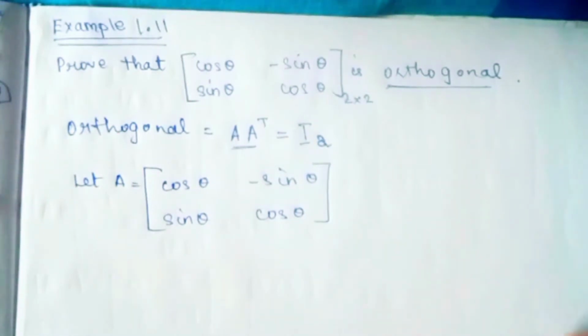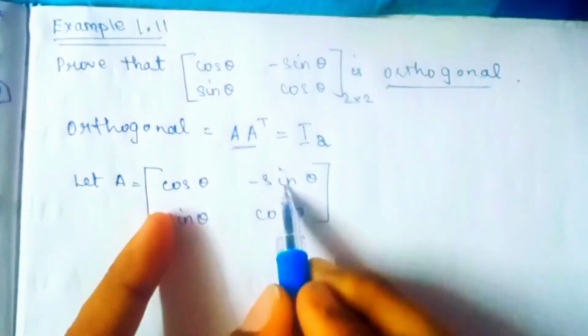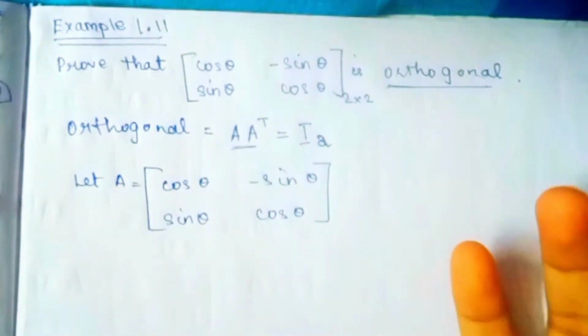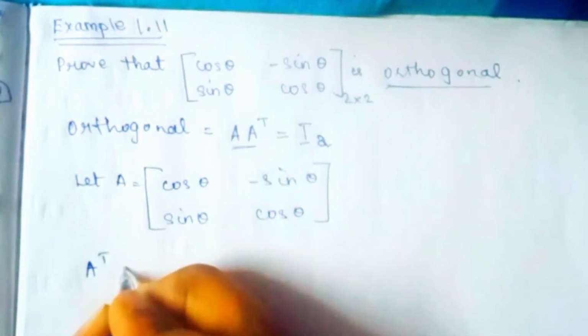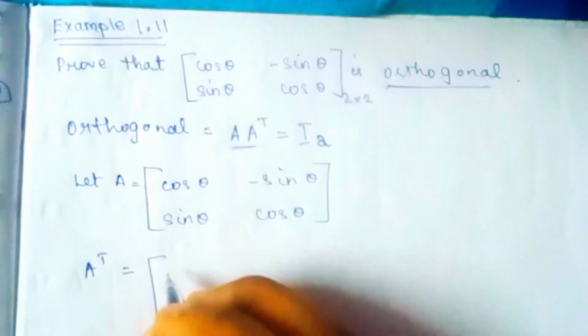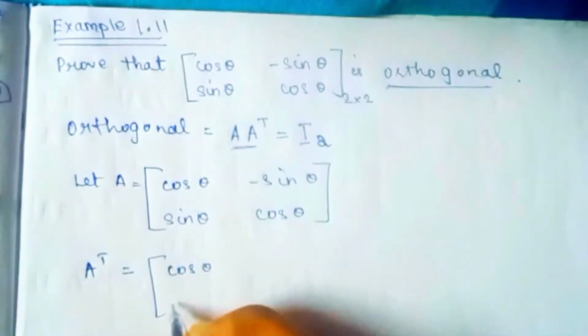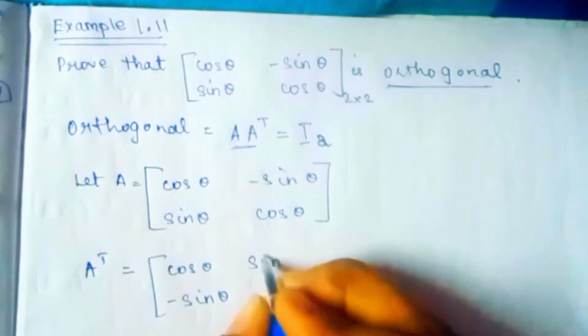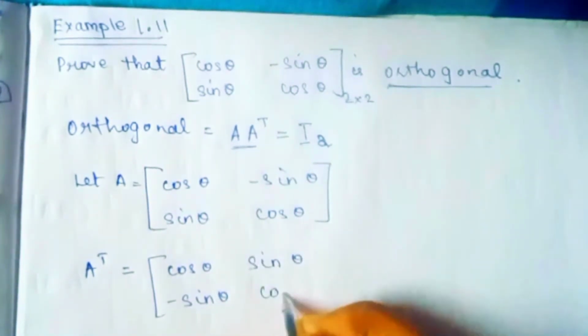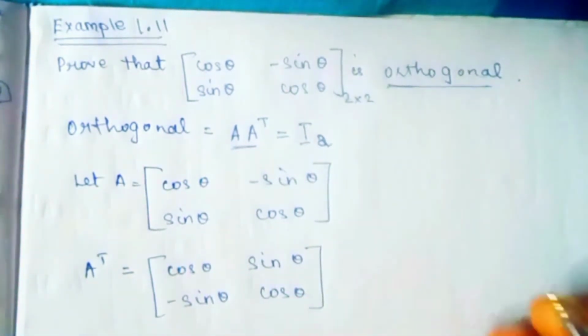Transpose is nothing but you change columns into rows and rows into columns. That's all. So A transpose is equal to cos theta, sin theta, minus sin theta, cos theta. It's a very simple one.